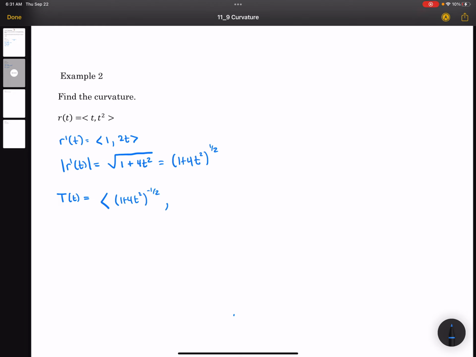And for our second component, it's 2t divided by (1 plus 4t squared) to the 1/2.